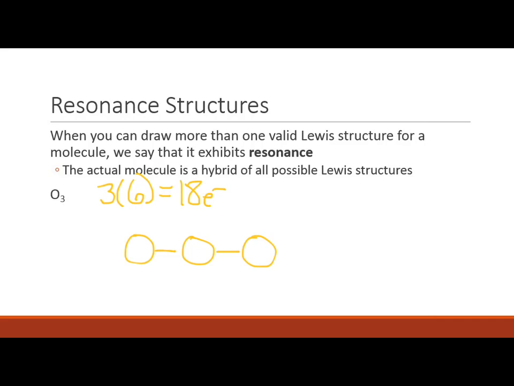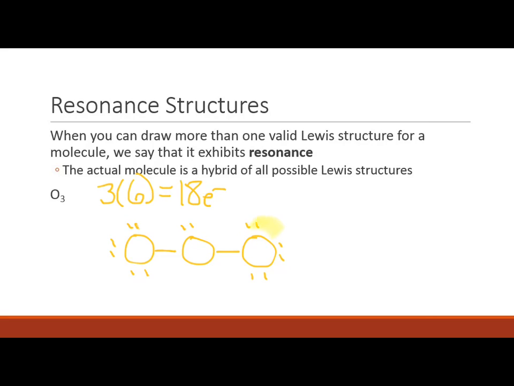Actually, I like to go from the outer atoms and move in. So I've used 2, 4, 6, 8, 10, 12, 14, 16, and I still have 2 more, so I'm going to go ahead and put that extra pair on that central oxygen.